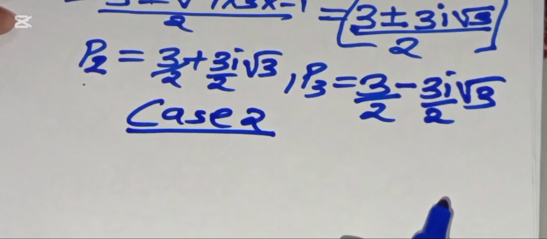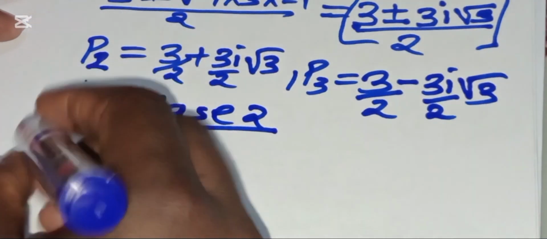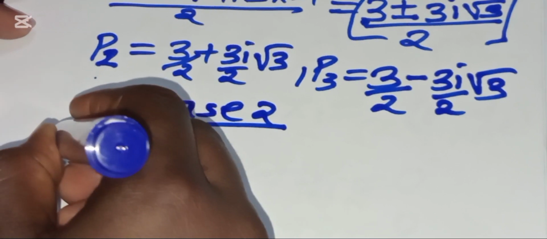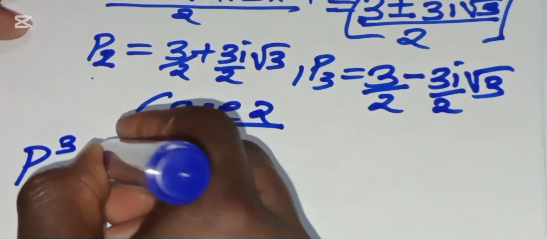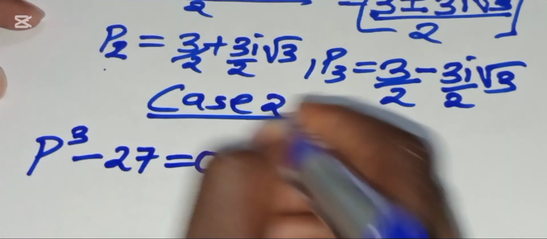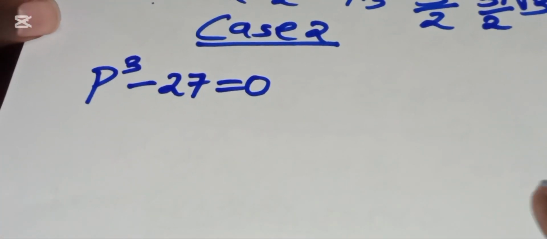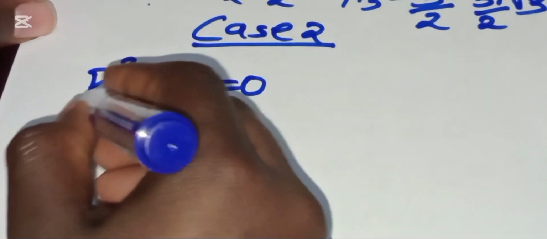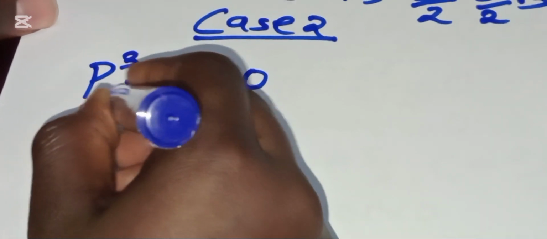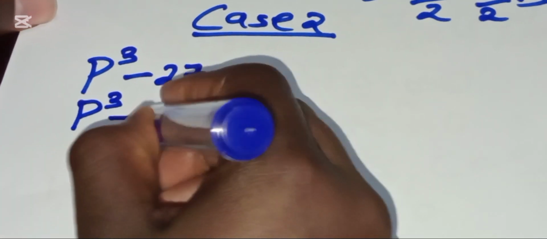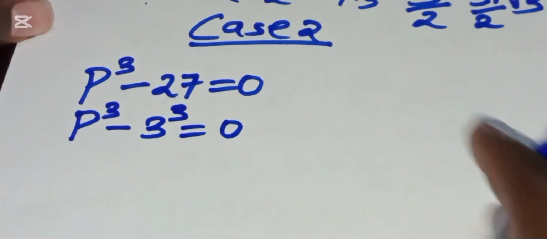Now from what we have in case 2, we have P cubed subtract 27 equal to 0. P cubed minus 27 can be expressed as P cubed subtract 3 cubed, equal to 0.